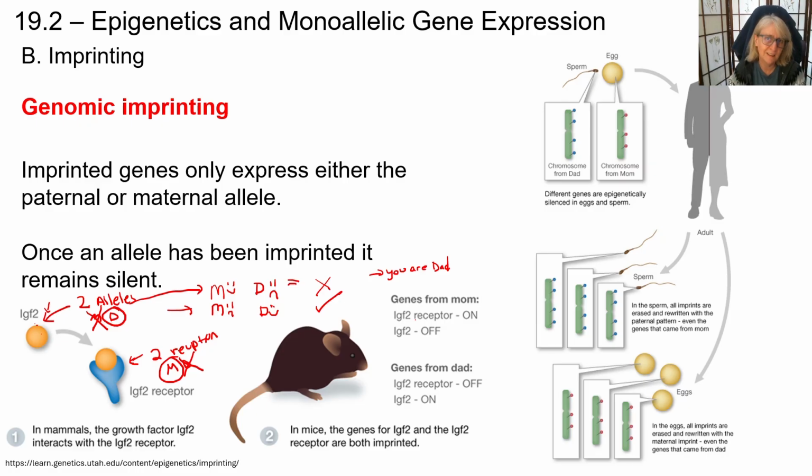We also see this in ligers. If you've ever seen a liger, it's a lion-tiger crossbreed. It's a hybrid. Ligers get really, really big. That's because in lions, I might be backwards on this, but I think the growth factors from the father are silenced and you express the mother's. If you are a tiger, it's the other way around.